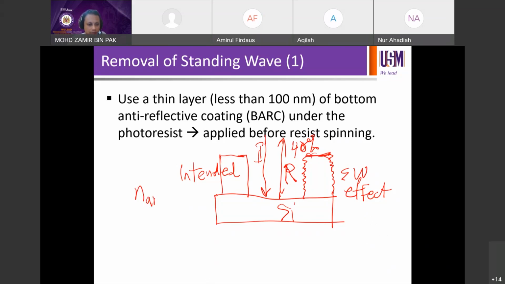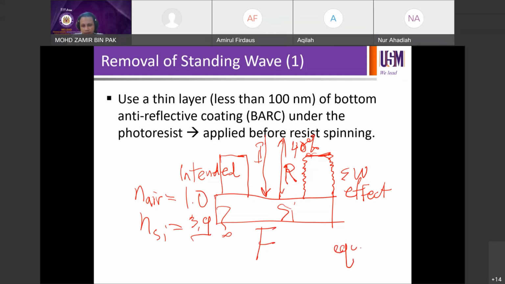Go back to 386. I will say 1.0 for air. And silicon, anyone? All right, about 3.5 to 4, more or less. Actually, it'll be around 3.9. It depends on the wavelength. It's wavelength dependent though.